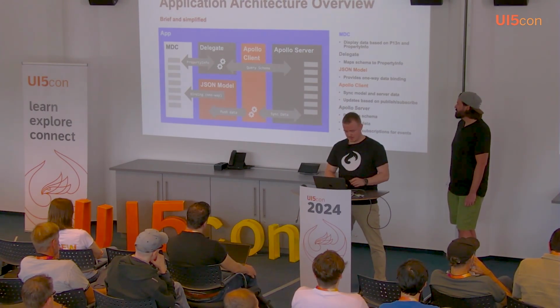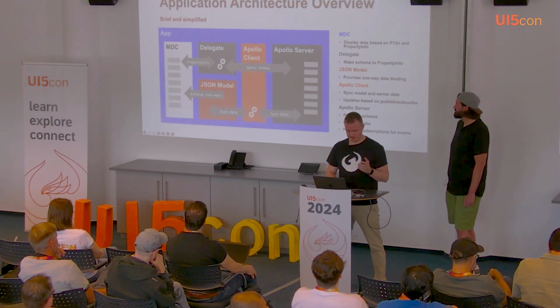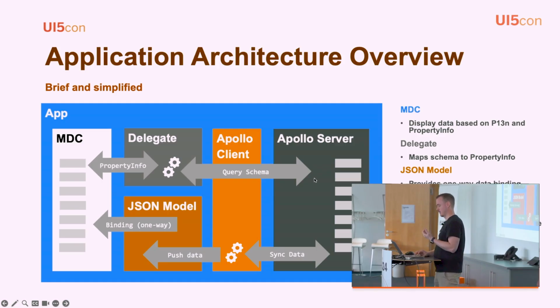The interesting part is how does the delegate fetch this property info? It accesses the Apollo client directly, which queries the server. The schema gets returned. This is a really interesting thing, because any change you do in the server now, if you've written this generic delegate, like for example adding another field to the mountain, whatever might be in there is directly reflected in the UI and can be used for personalization.